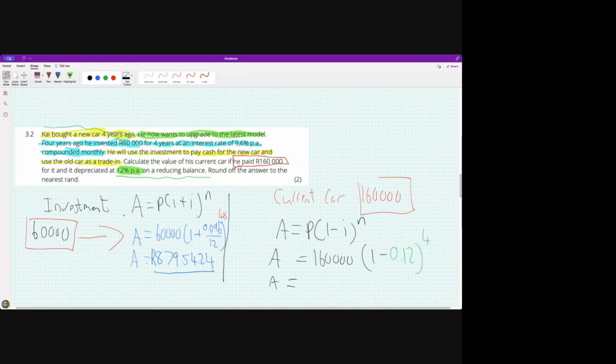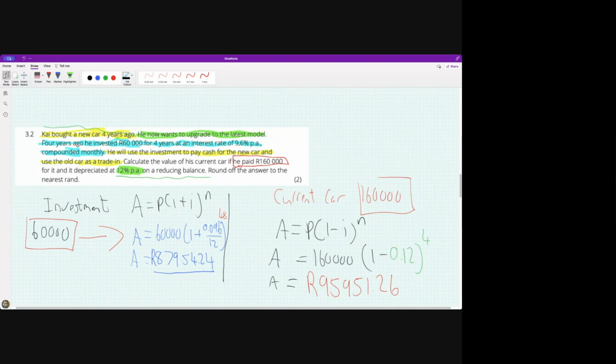Let's have a look. 160,000 times 1 minus 0.12, close bracket, to the power of 4, I get 95,951.26. And Pabalelo, Asanda, they're all agreeing with me, so I'm feeling awesome.